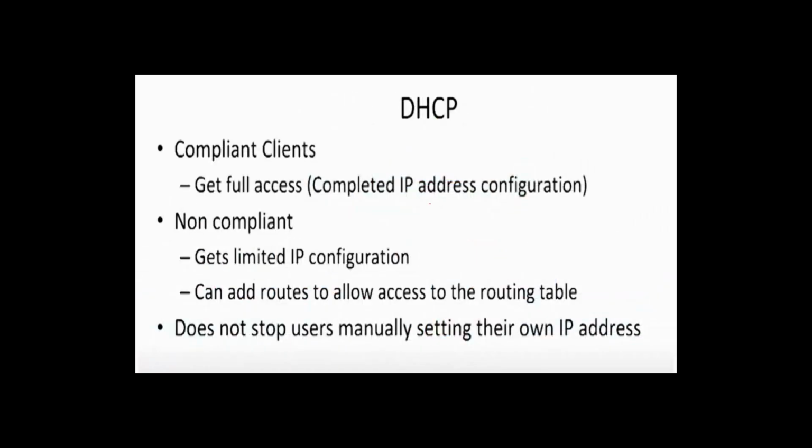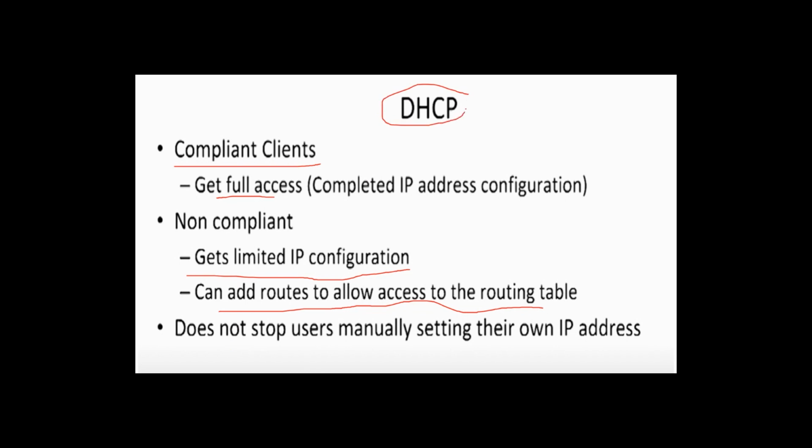In the DHCP enforcement point, again, if the clients are compliant, they have full access. If non-compliant, clients get a limited IP configuration. They can add some routes to the routing table, but they can't have full routing inside my network.